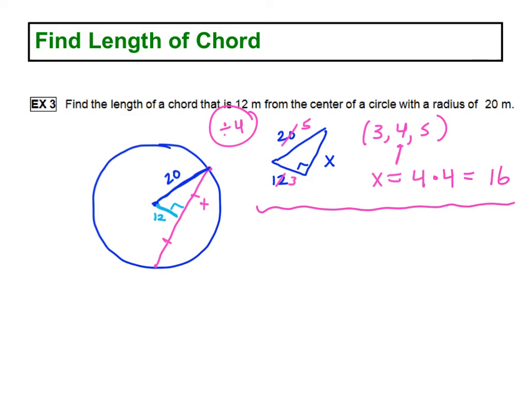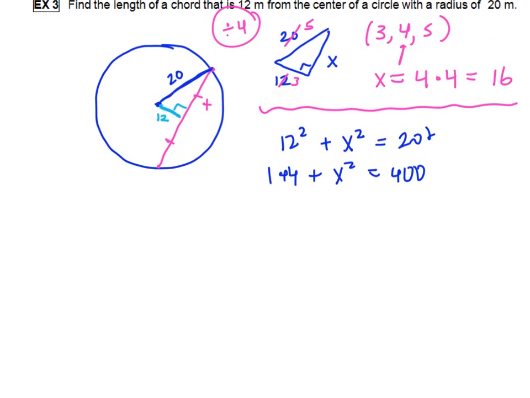All right. The other way to do that, if you did not recognize the Pythagorean triple, is the Pythagorean theorem. So going back to the original, we can say 12 squared plus x squared is equal to 20 squared. 12 squared is 144. 20 squared is 400. And then you just keep solving for x squared.